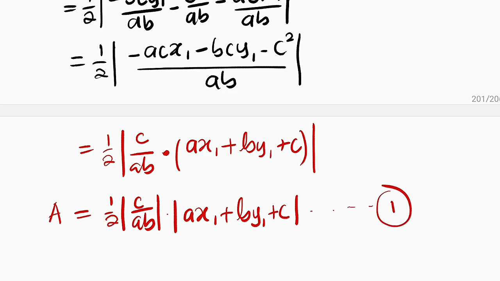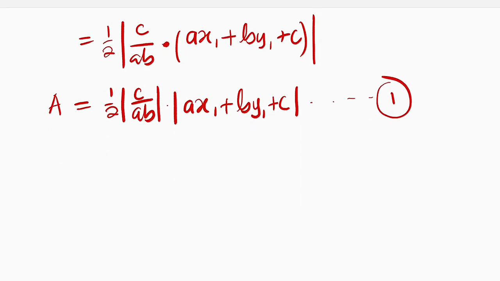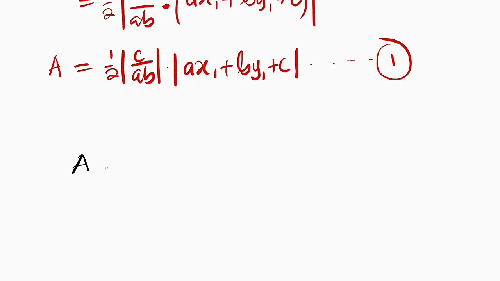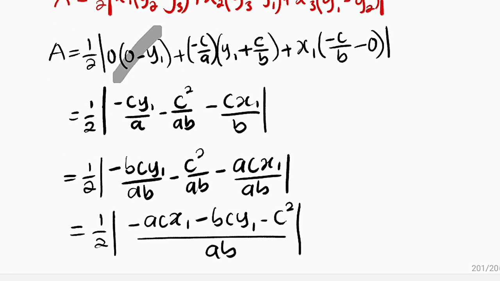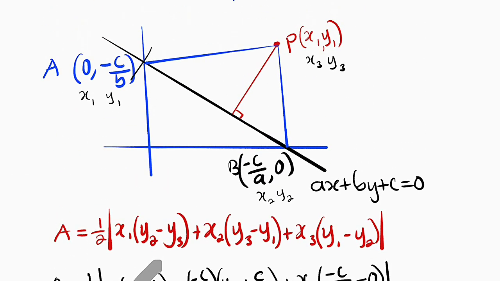Now I would like to use another formula to find the area, which is half base times the height. So another way to find the area of a triangle is half the base times the height. What is the base? This is the base, and therefore we have to find the magnitude of AB, which is the length of AB.